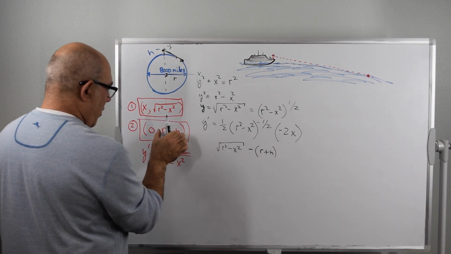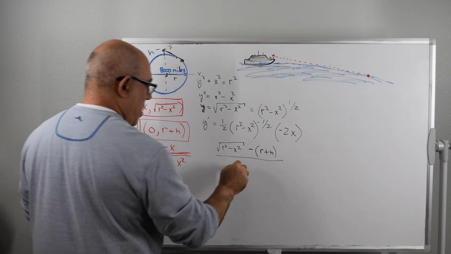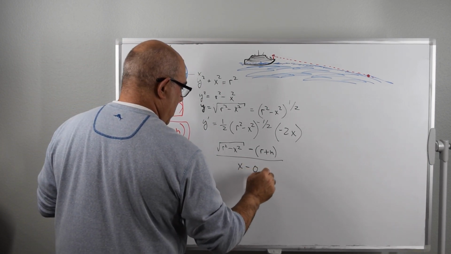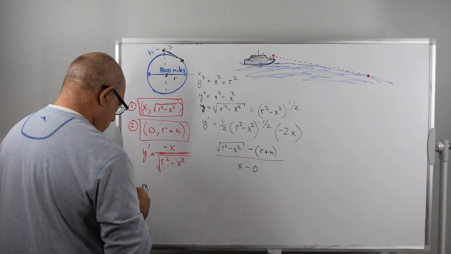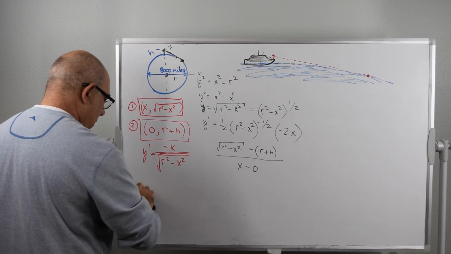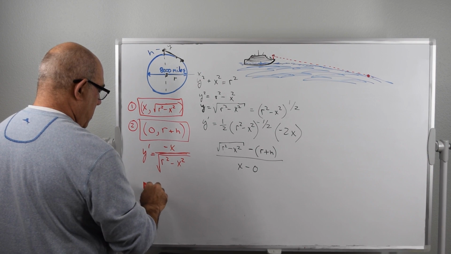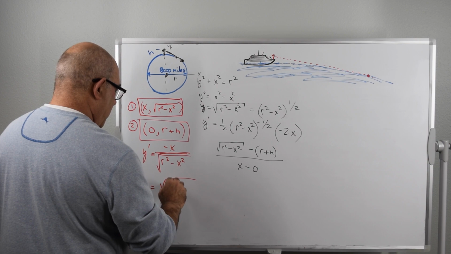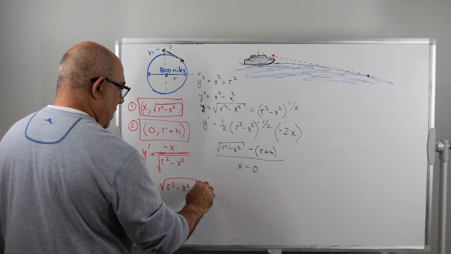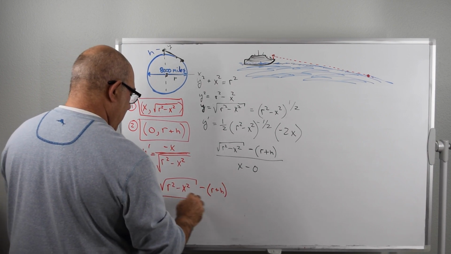We have to subtract the whole thing, divided by x minus 0. So the slope equals the square root of r squared minus x squared minus the quantity r plus h, divided by x.